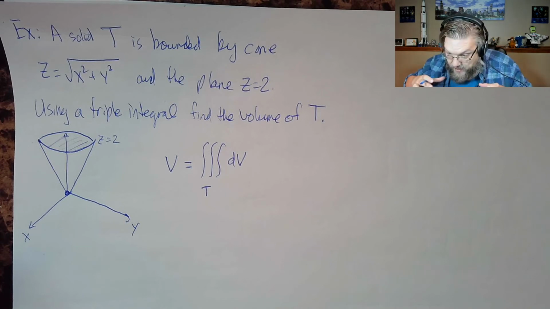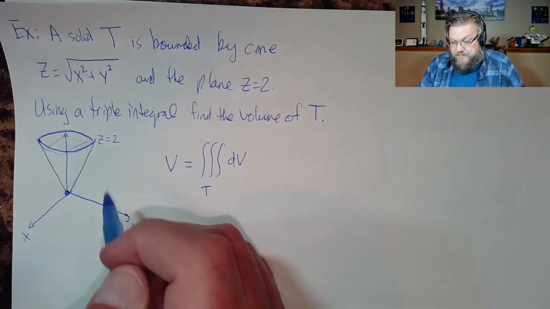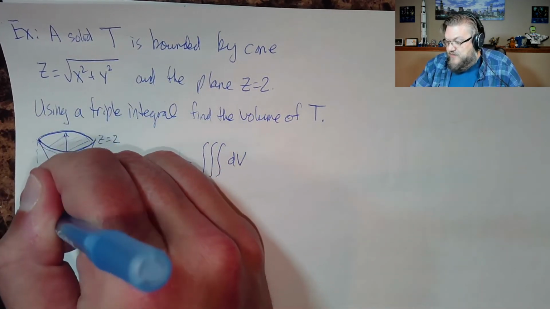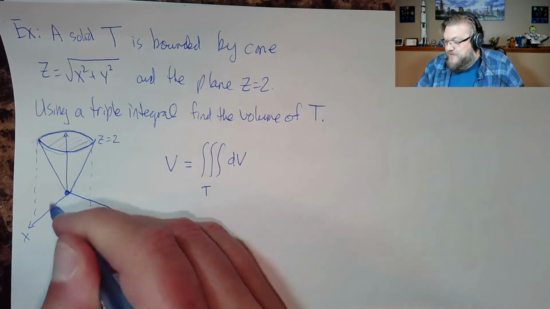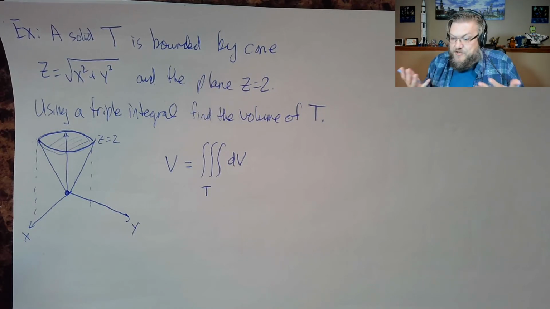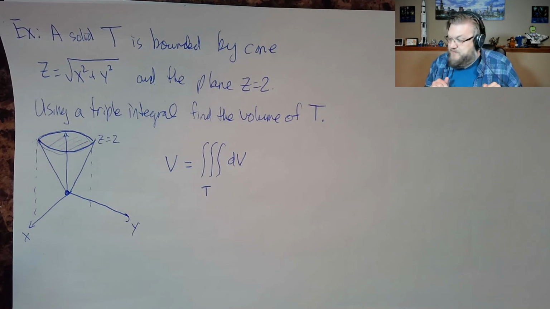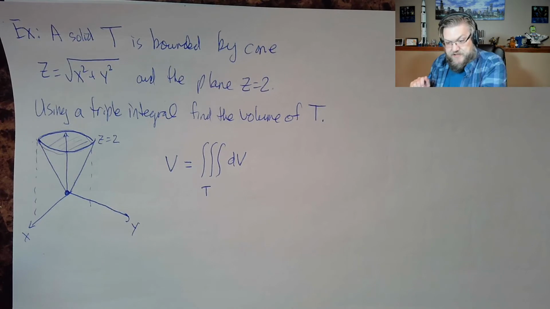So when I project this down, that's all I'm going to see as a shadow in the xy plane. That means I'm going to expect the need to use maybe polar in the xy plane. So it looks like cylindrical would be a great coordinate system here to use. So let's go ahead and do that.